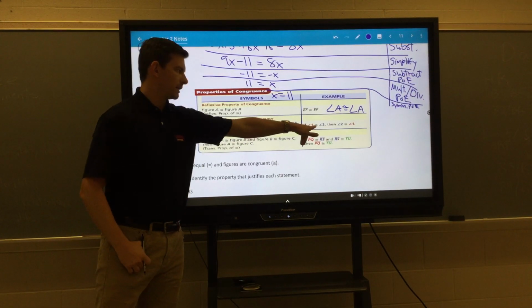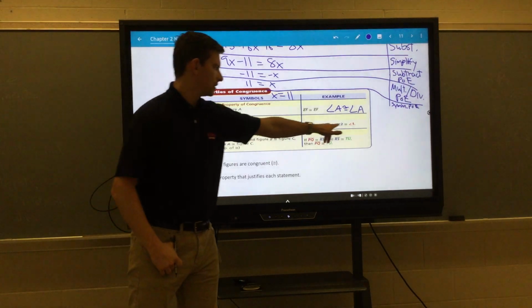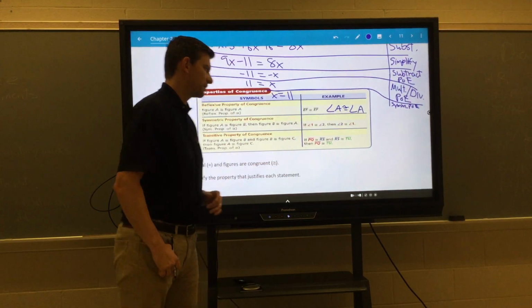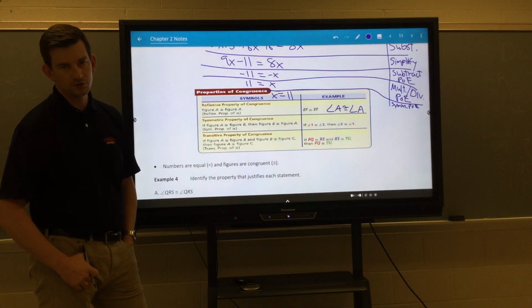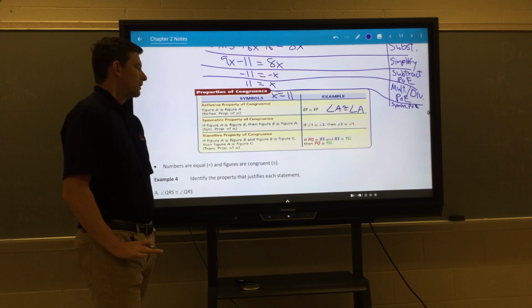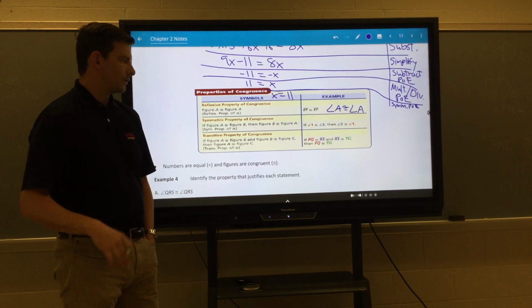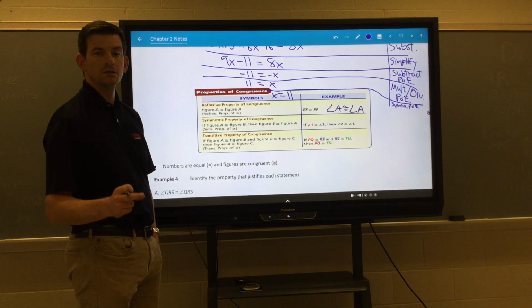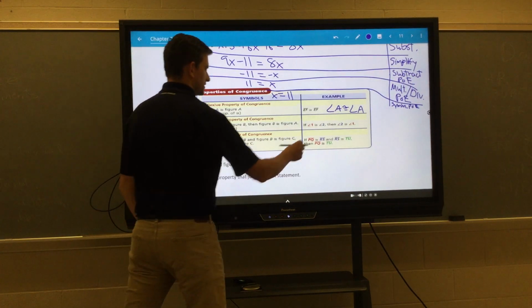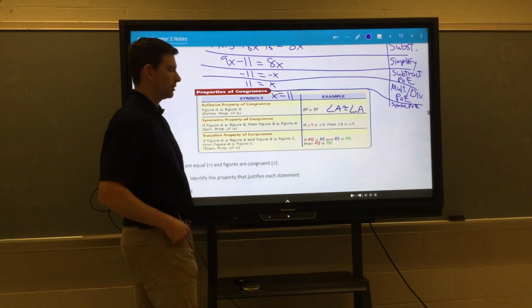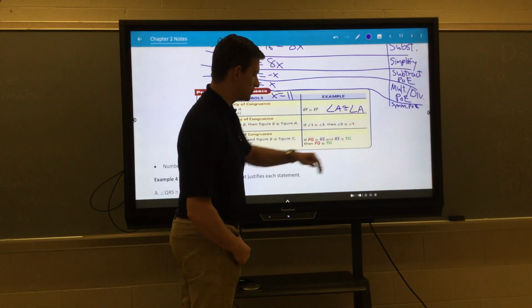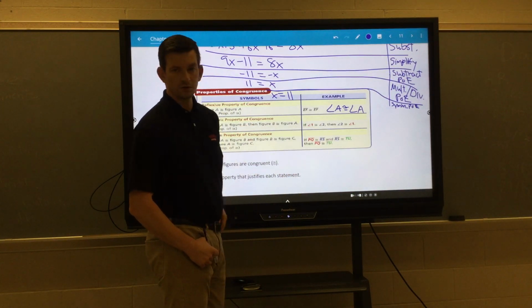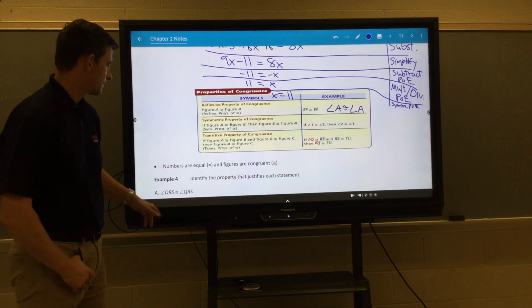Symmetric property, again, in terms of congruence, you're just reversing them. Angle 1 congruent to angle 2, then angle 2 congruent to angle 1. Transitive property, again, we said this is pretty much the same thing as the law of syllogism. Segment PQ congruent to segment RS, RS congruent to TU, then PQ is congruent to TU as well.